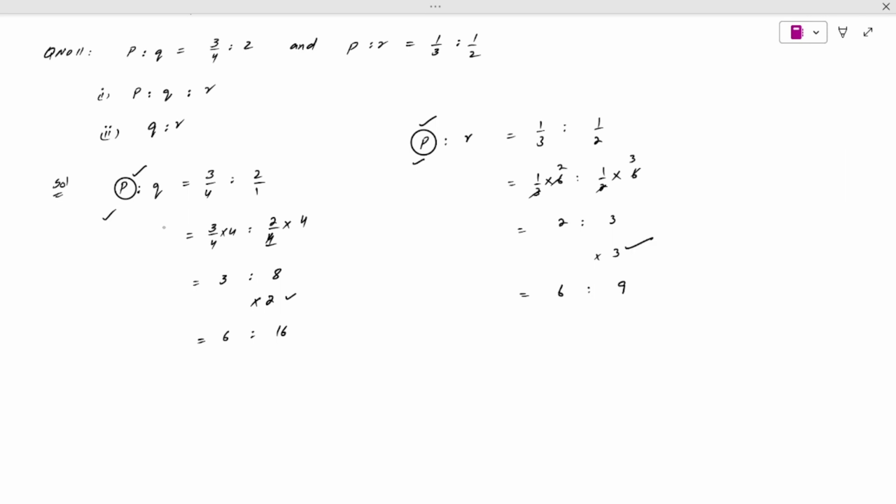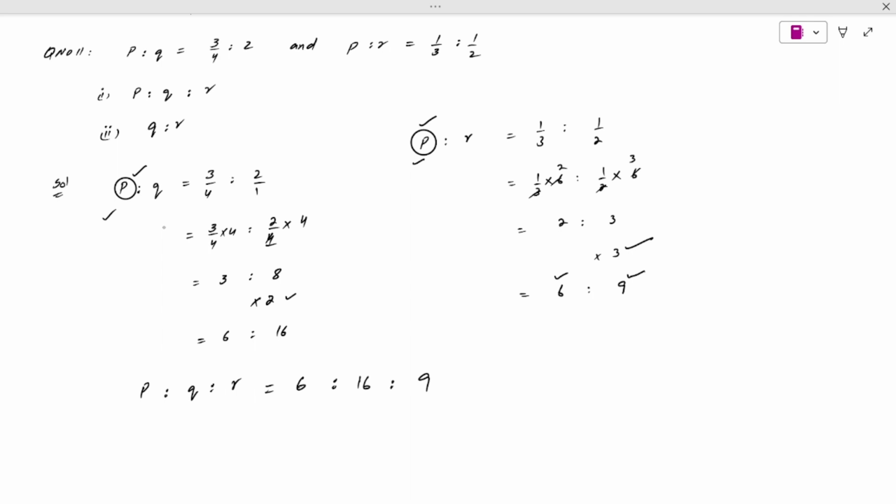So now the continued ratio P ratio Q ratio R equals, the value of P now is 6, the ratio of Q is 16, and the ratio of R is 9. So 6 ratio 16 ratio 9 is the required ratio.